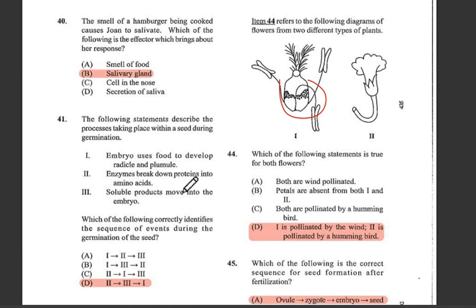So the pollen is being transferred from the bird to the plants in diagram 2. But in diagram 1, the plant is pollinated by the wind, because the pollen is transferred by the wind.